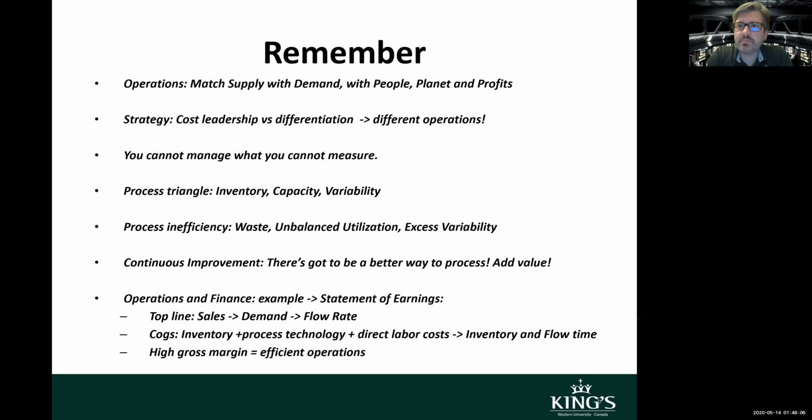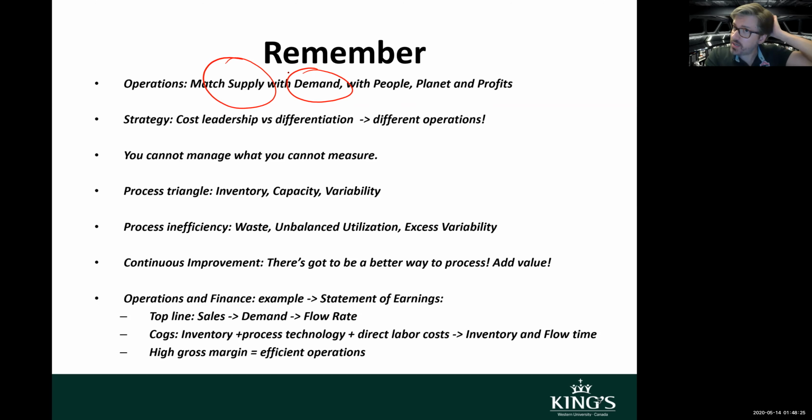So the list keeps growing as we move along this course, but there are a few things that we need to keep in mind. First and foremost, we need to match supply and demand. Those two things need to be aligned, okay?